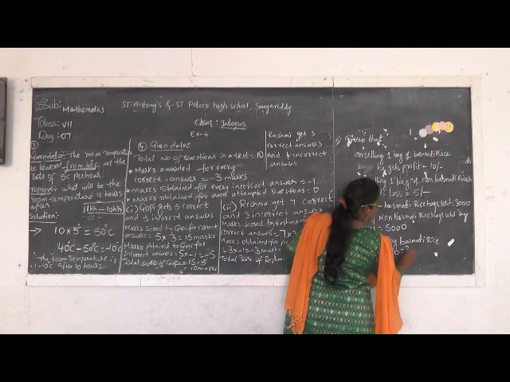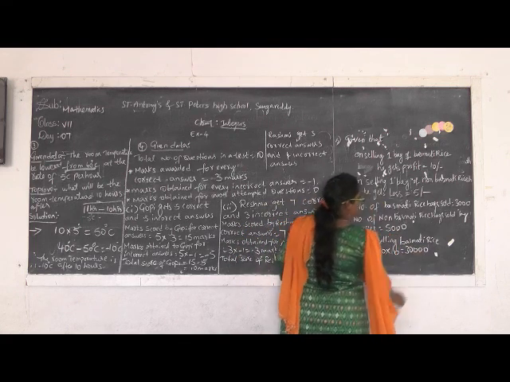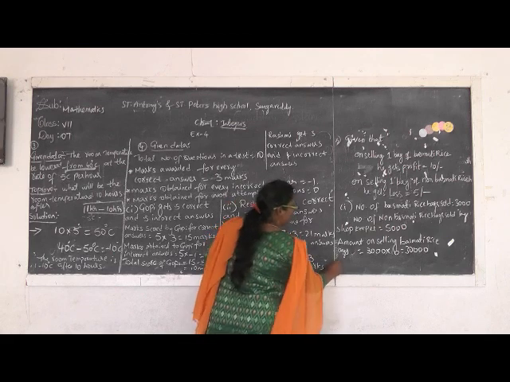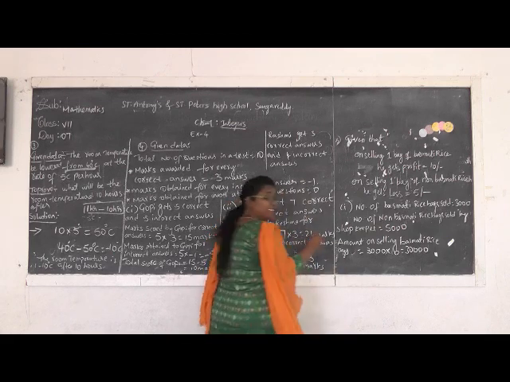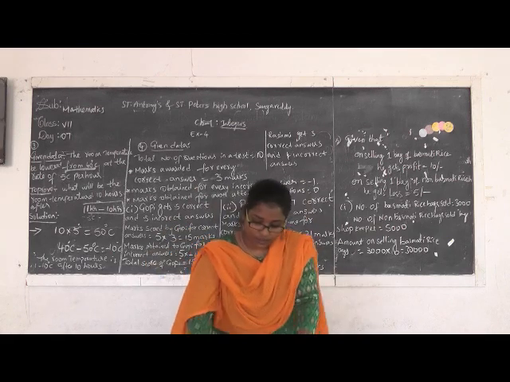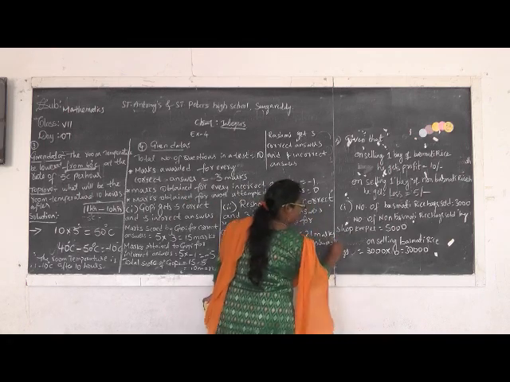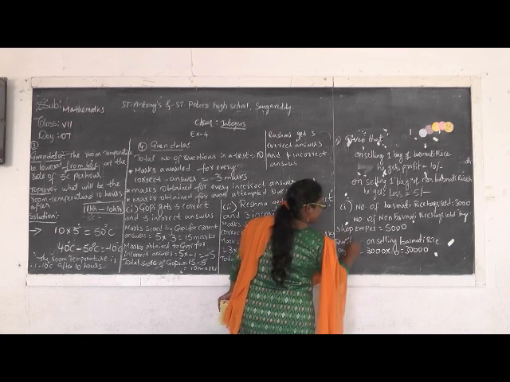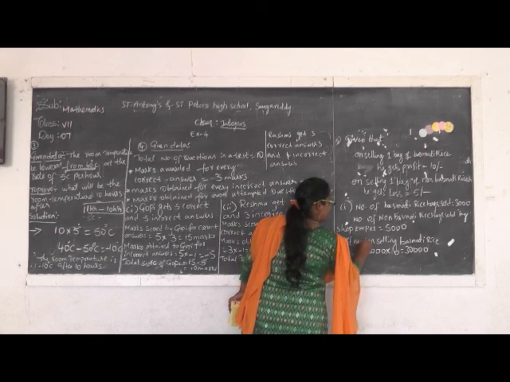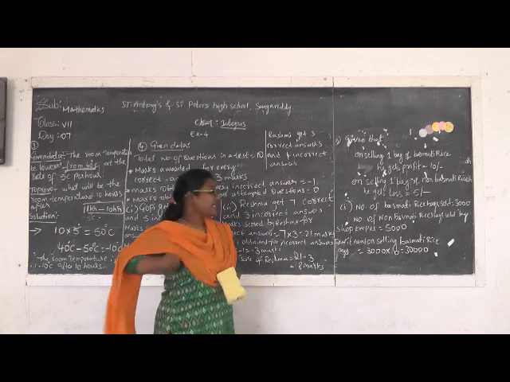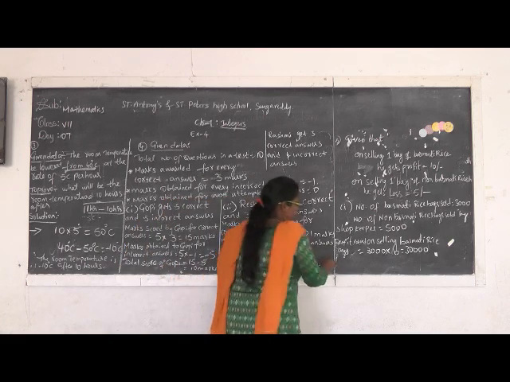So 3000 into 10, 30,000. Whenever he sold basmati rice, he will get profit. So here we just write profit. The profit earned on selling basmati rice bags is nothing but 3000 into 10, 30,000.